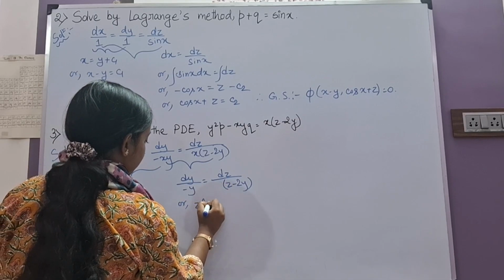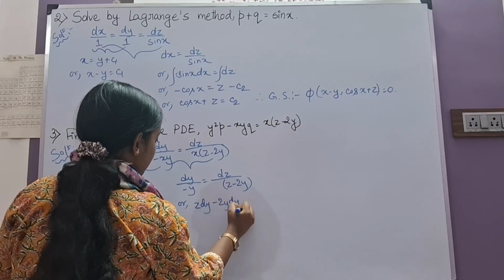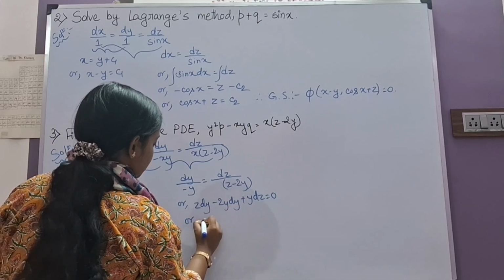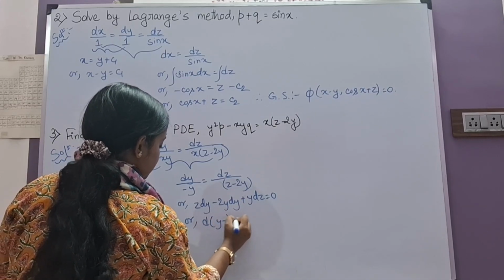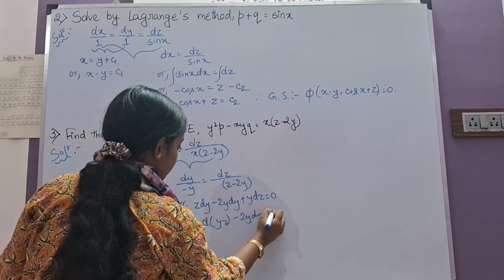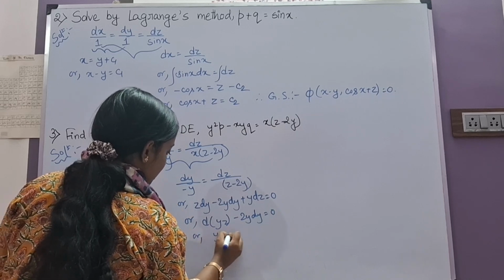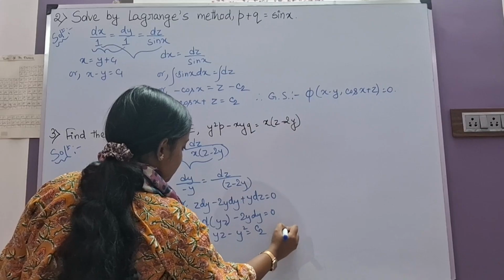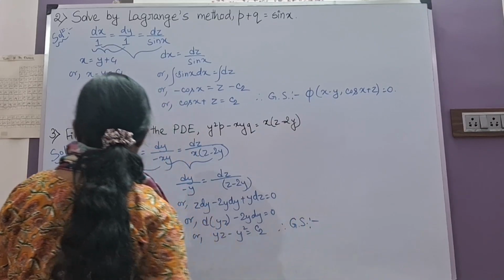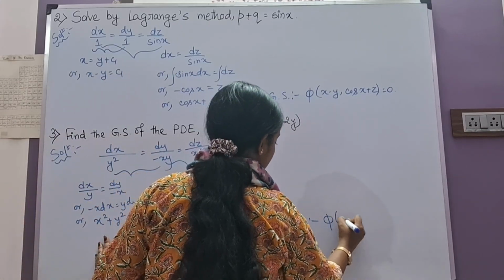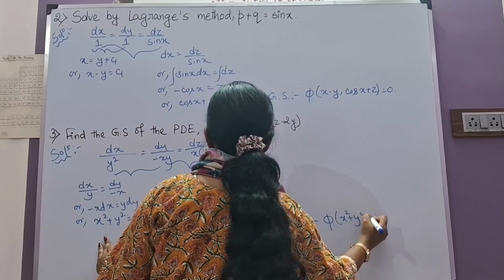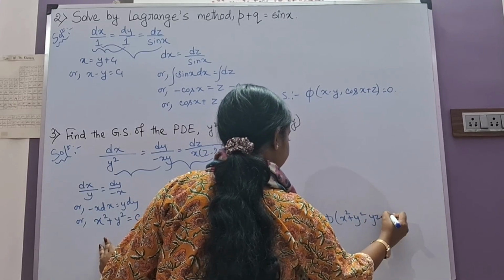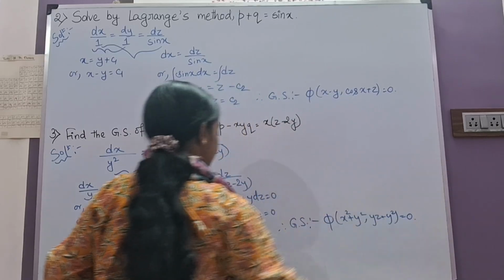So z dy minus 2y dy plus y dz equal to 0, or d of yz minus 2y dy equal to 0, or yz minus y square equal to c2. So the general solution is phi of x square plus y square comma yz minus y square equal to 0.